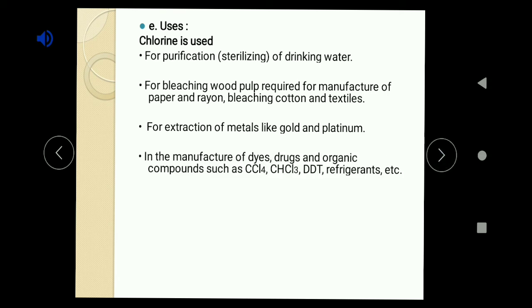It is again used for the manufacture of dyes, that is colors, drugs, that is medicines, and some organic compounds such as CCl4, carbon tetrachloride, CHCl3, DDT, refrigerants, etc. CHCl3 is chloroform. DDT is a pesticide, and refrigerants are cooling agents.